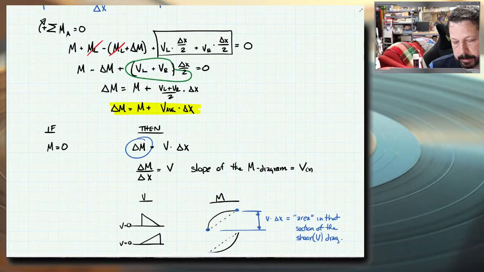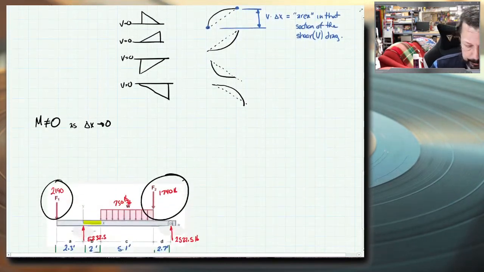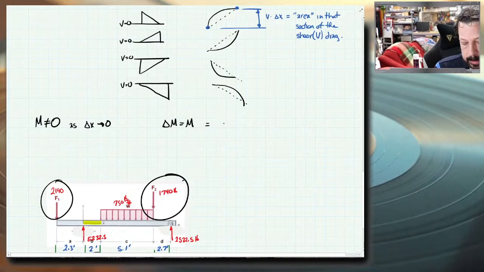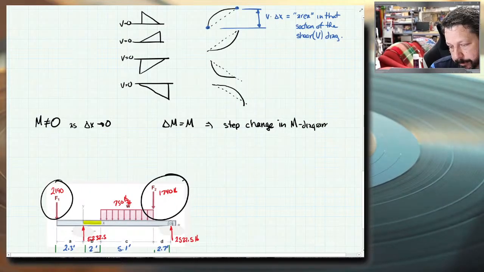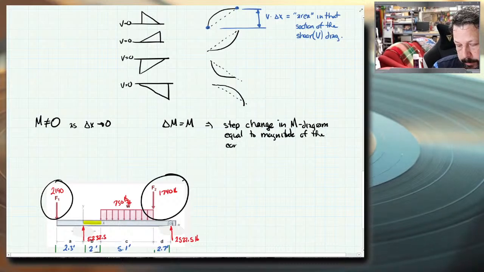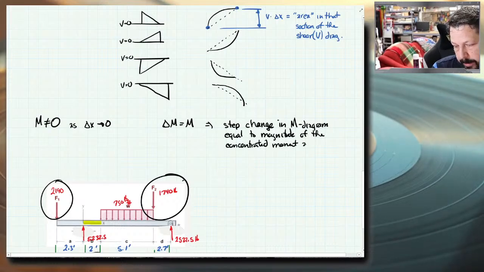Delta M equals M plus V times delta x, but delta x is going to 0, so delta M equals M. So what that means is that there is a step change in the M diagram, and that step change is equal to the magnitude of the concentrated moment at that point.